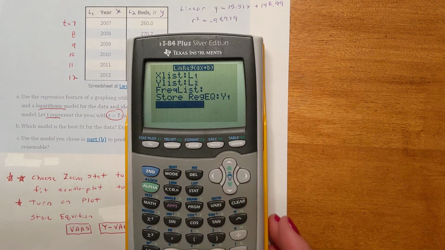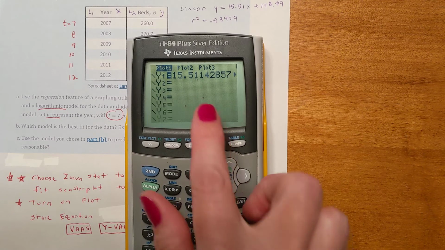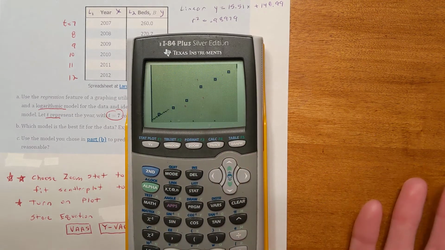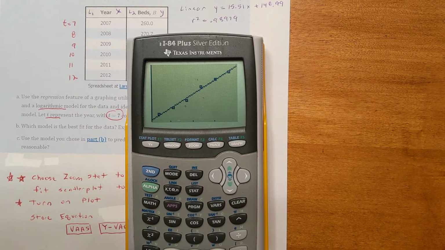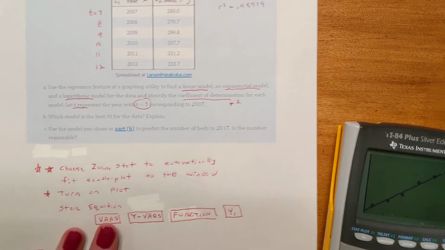Y1, and then when you hit calculate, it stores it automatically for you under Y equals. It's right there, it's already there, which is awesome. And so then you can see your points and then the line going through those scatter points. Kind of fun.